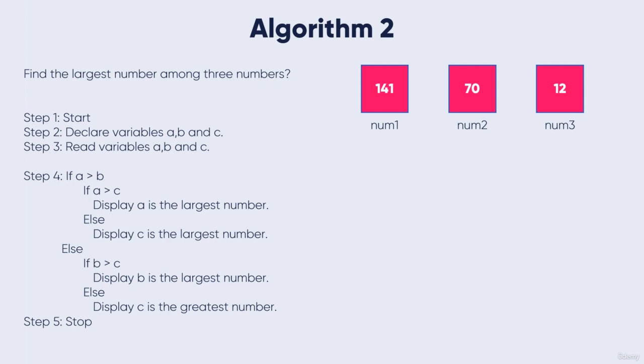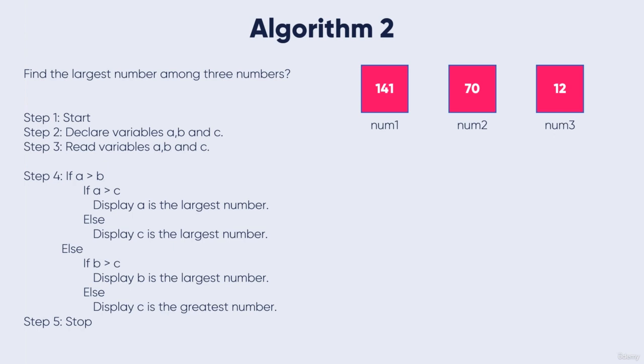Read the variables A, B, C or num1, num2, num3. So A would be 41, which is the user input. B or num2 would be the input of the user, which is 70, and num3 or C is 12. These are the readings of the variables.